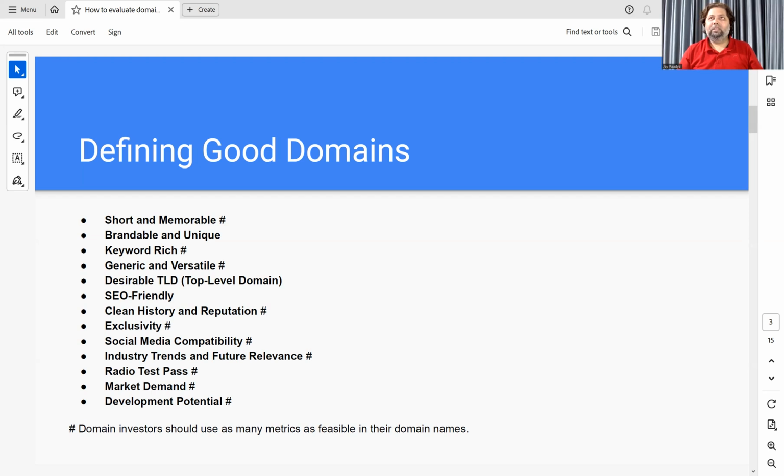So every domain should have the potential of development. Like I type some domain here.